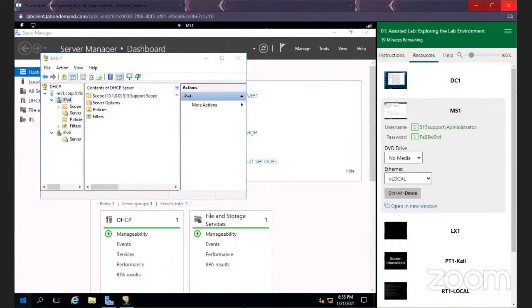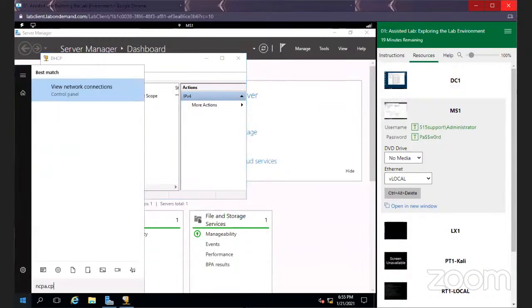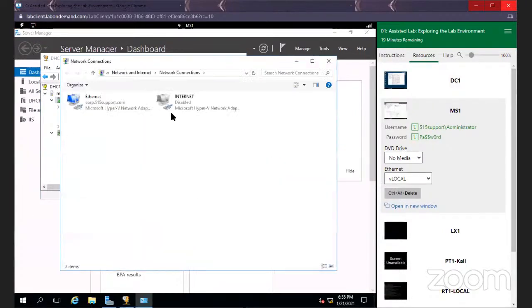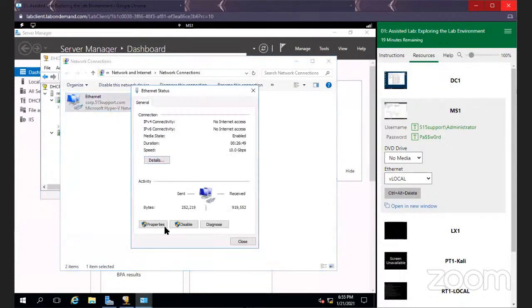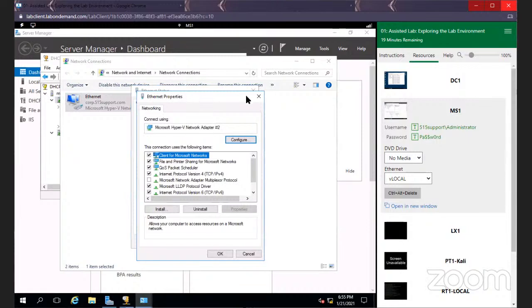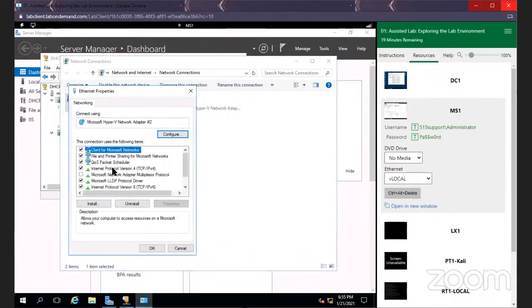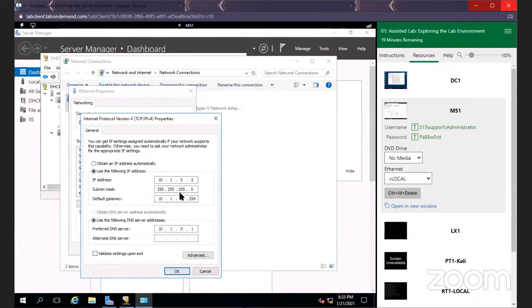Think if I just went to NCPA.CPL, I could manually. So what I did was I'm going into my network connection settings here to answer Bola's question. I'm going to go over to my IPv4 settings right here. And it's already manually hard coded. So this is a static address right here.